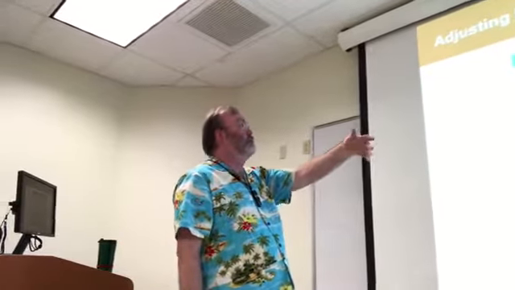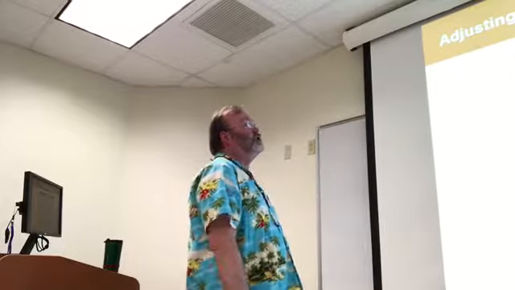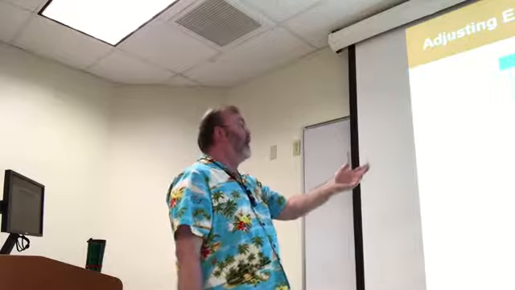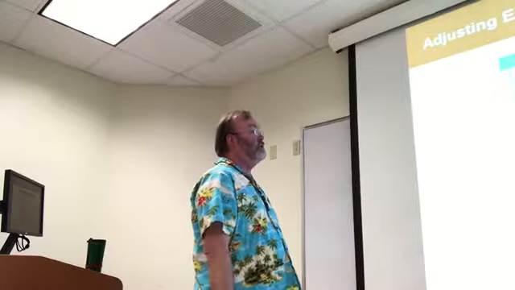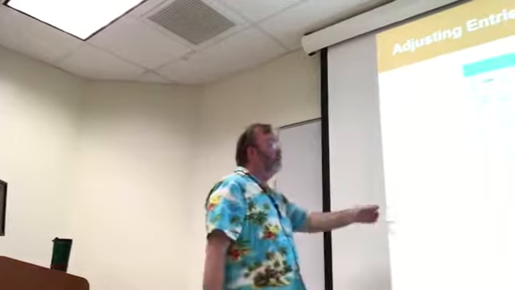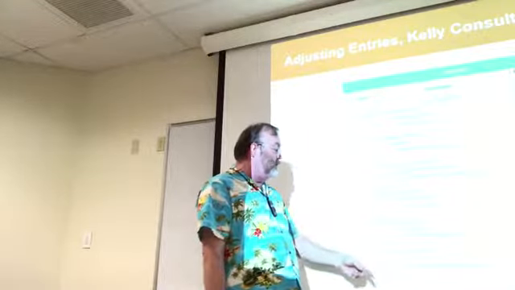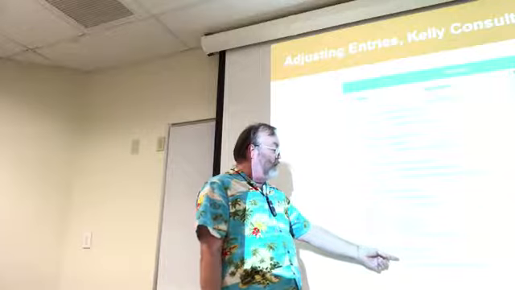Here's the adjustments. So taking insurance expense for the deferred expense for prepaid insurance, same with supplies, depreciation expense. Accrued salaries, this is an accrued expense. Rent is a deferred expense. This is a deferred revenue.